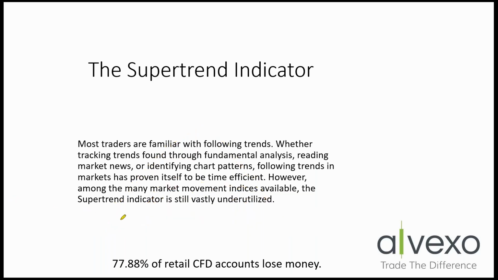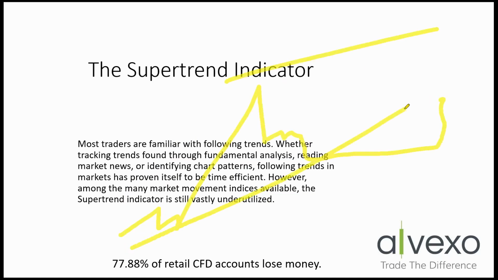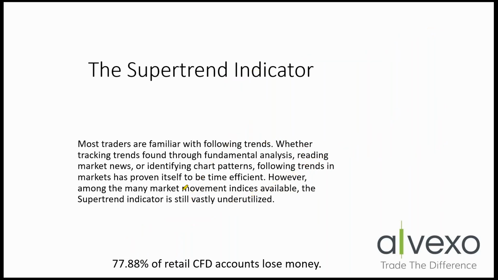But when a trend occurs, and we're not defining a trend as just an upward move or a downward move, because price can be like this and still be moving up, but that's not a trend. It's a mess. It's as bad as being range bound. A trend is a clear movement that you can see with your eye.